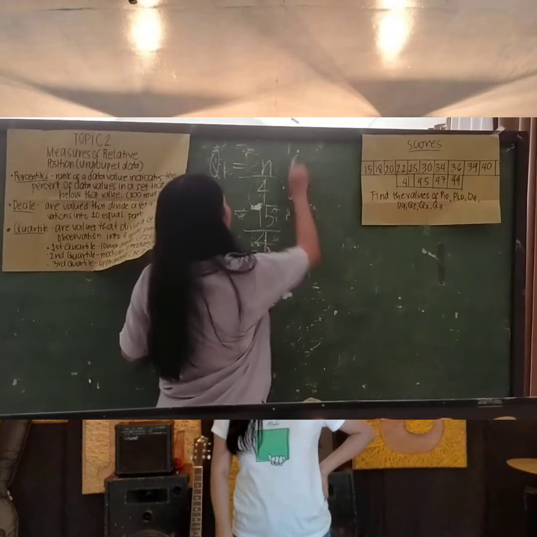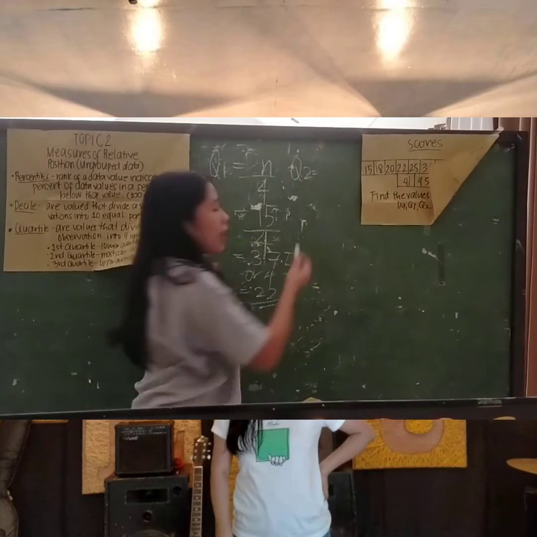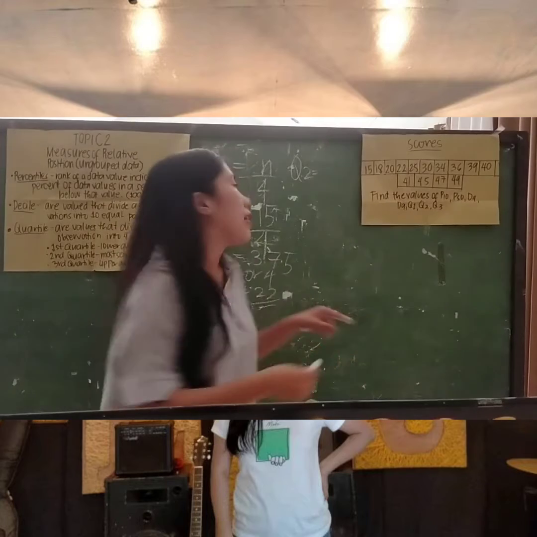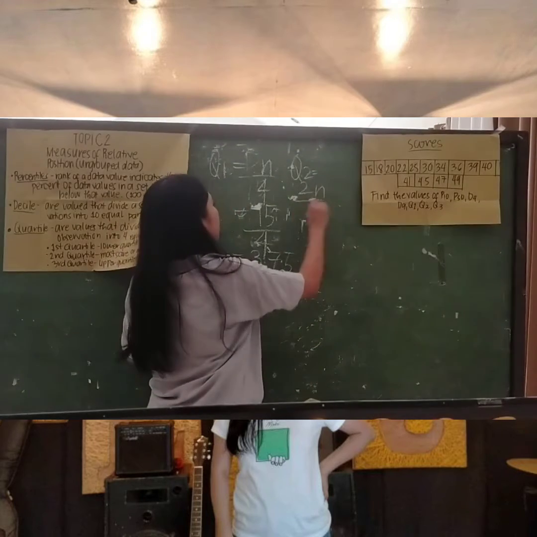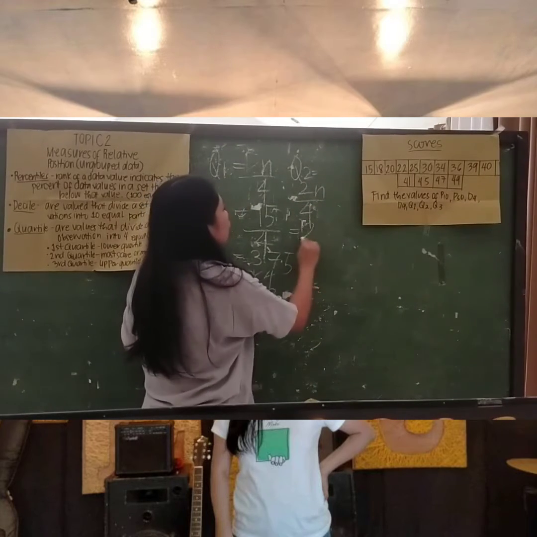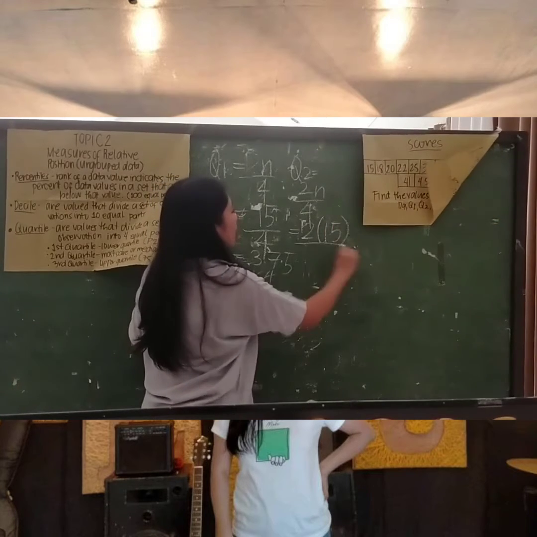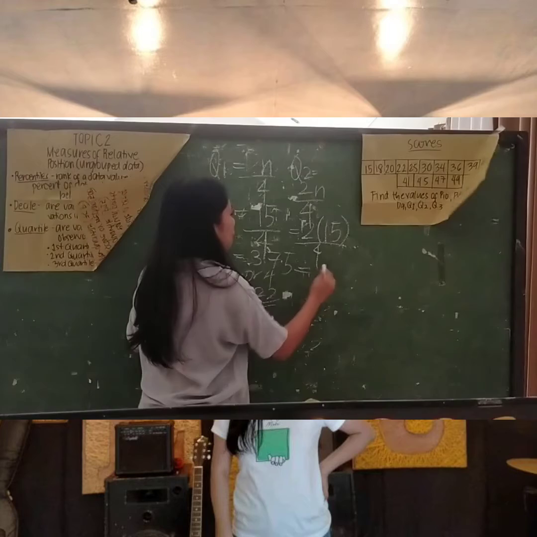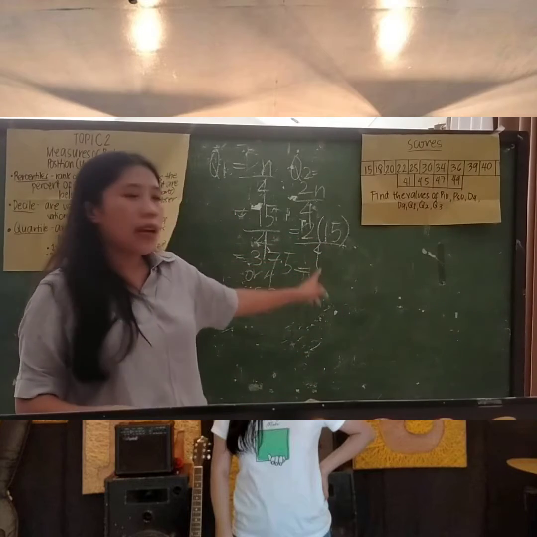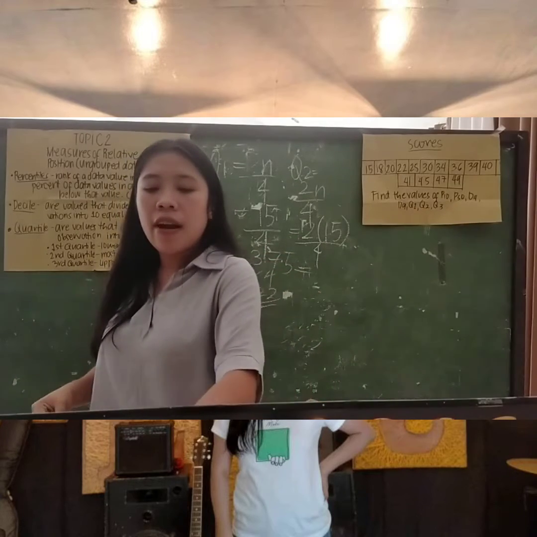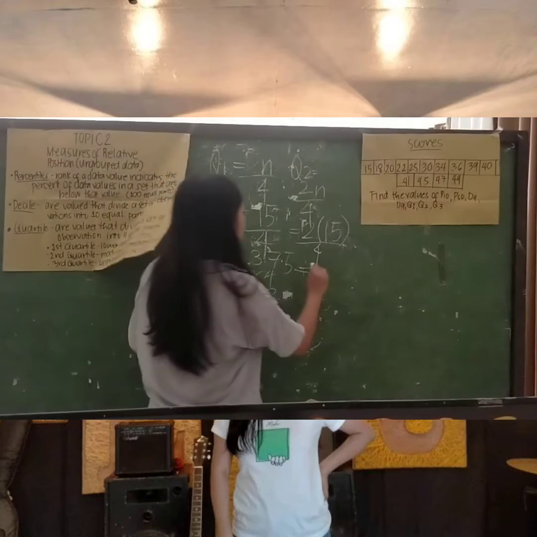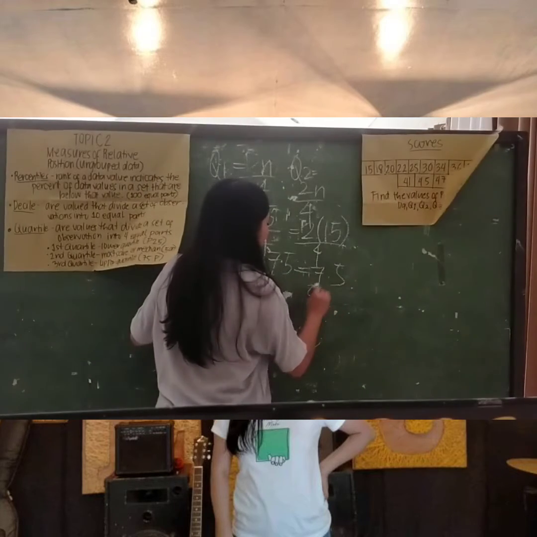For quartile 2, we use 2n over 4, where 2 is the multiplier and n is 15, the number of scores. 2 times 15 over 4 equals 7.5 or 8.